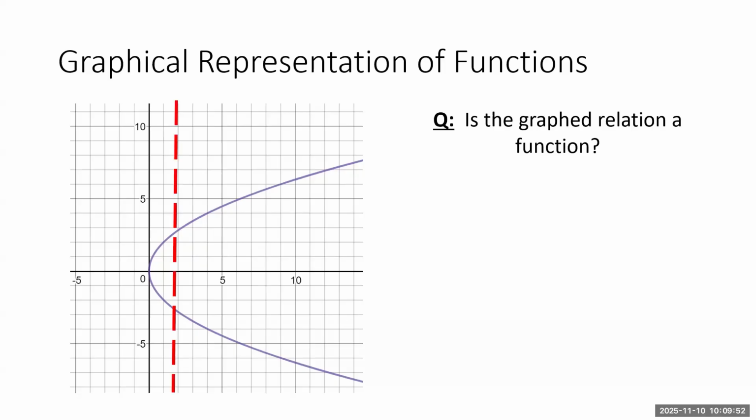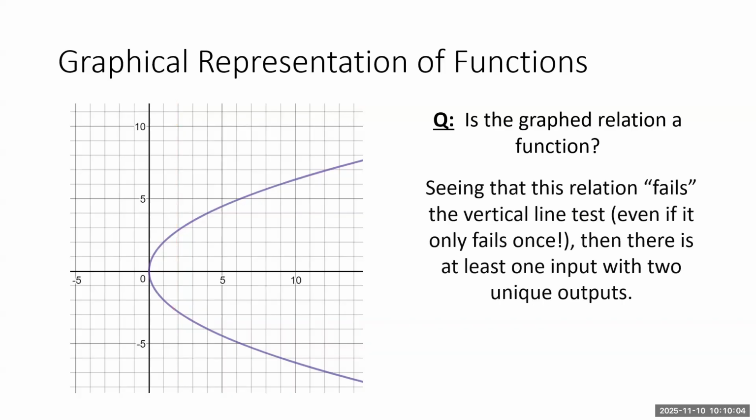I'm going to draw a vertical line at x equals, let's see, 1.9, and I see that I intersect this relation twice. Seeing that this relation fails the vertical line test, even if it only fails once, there is at least one input with two unique outputs. Thus, it is not a function.